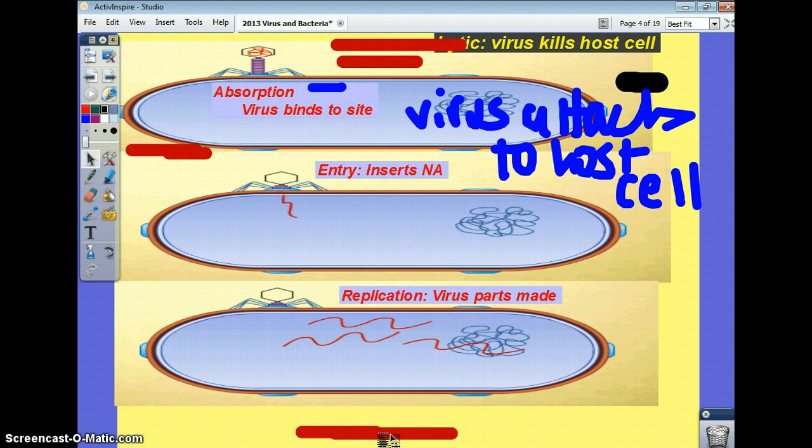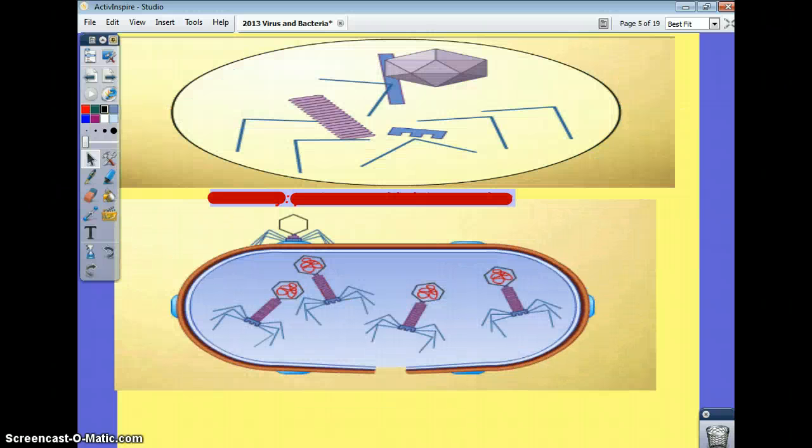Nucleic acid, lipids, and the protein. The 3 major parts, there's more, but that's what you have to reference. So it's going to make new lipids, new proteins, new nucleic acid. Yep, lytic.